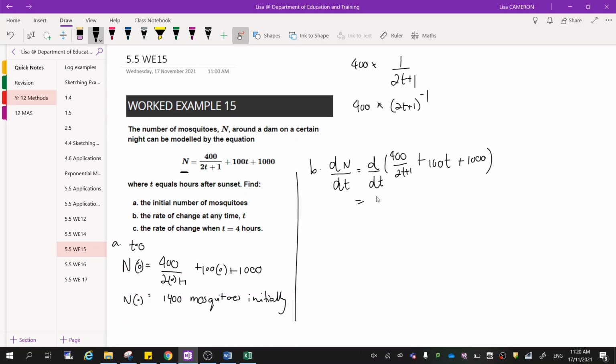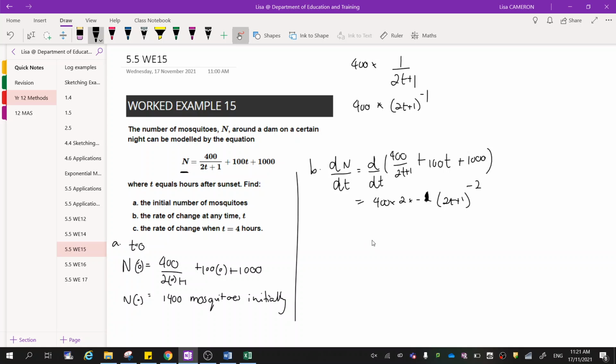The derivative of the inside will be 2, multiplied by the derivative of the outside, which becomes negative 1, bracket 2t plus 1 to the power of negative 2. Sorry, that should be negative 2 there.